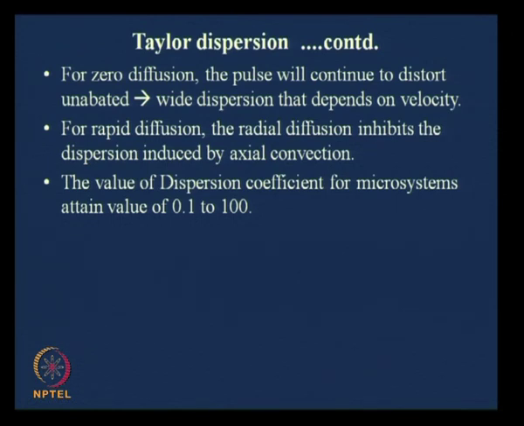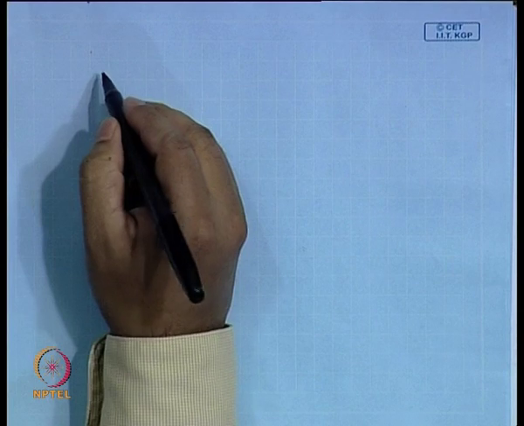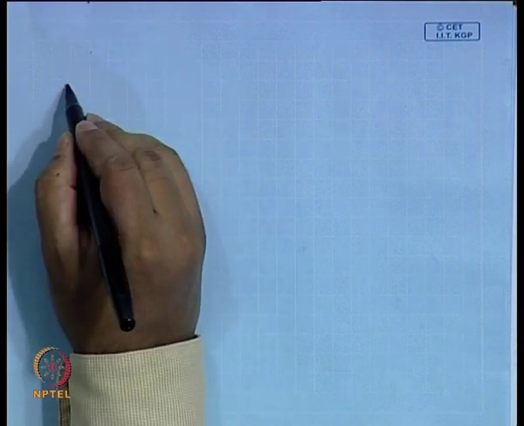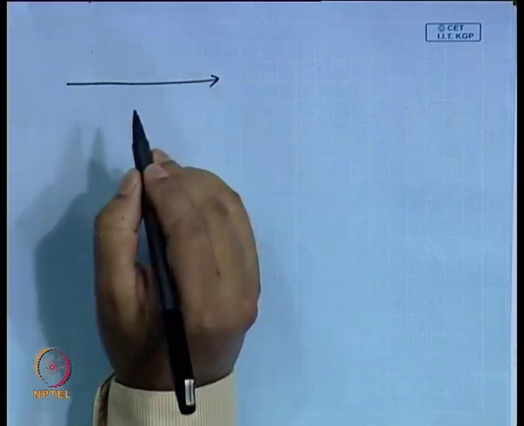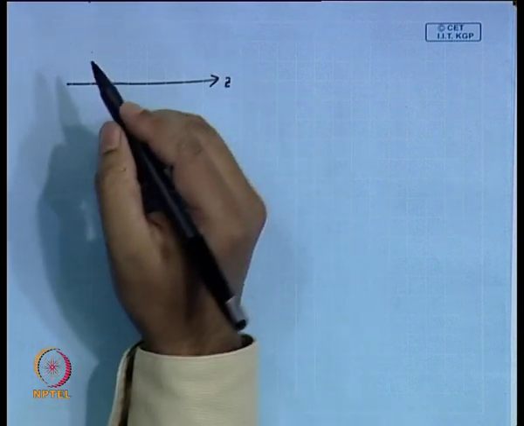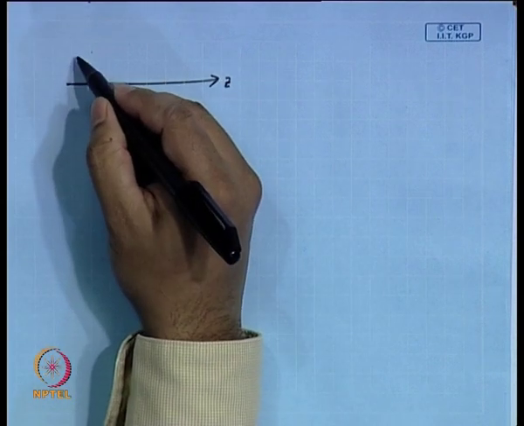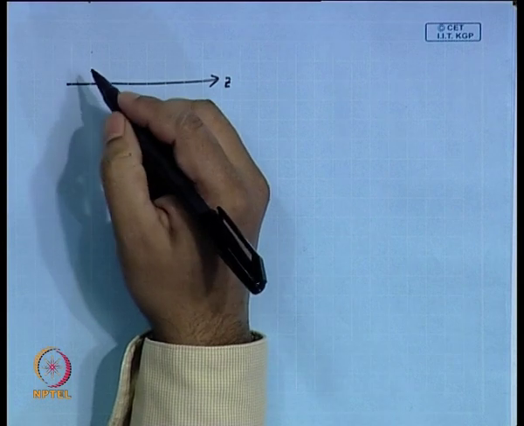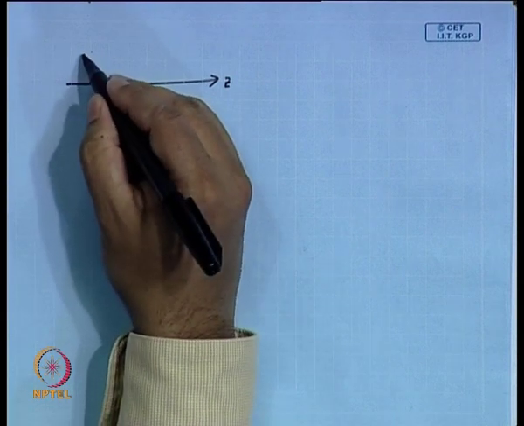Now, let us look at the governing equation. At least we try to write it down; we may not be able to complete this today in this class. I write this here as the z axis. Of course, we have to work with cylindrical geometry, because that would help us.